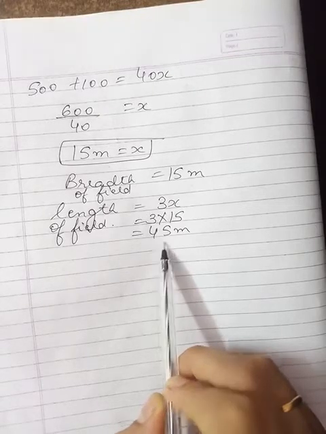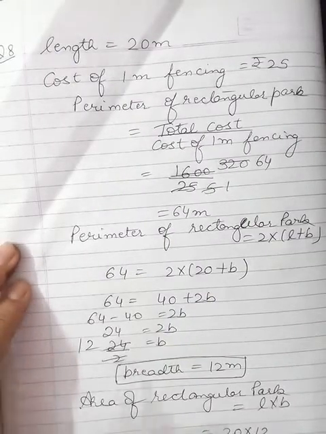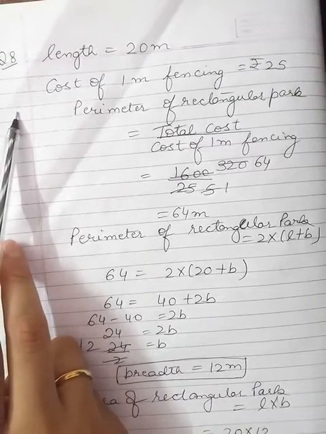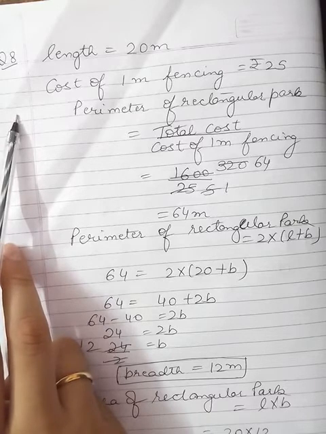In question number 8, it costs rupees 1600 to fence a rectangular park of length 20 meter at a rate of rupees 25 per meter. Find the breadth of the park and its perimeter, also the area of the park. So in this question fencing is given.